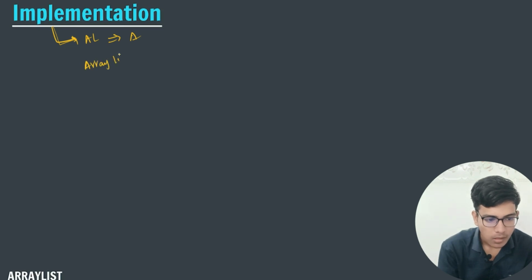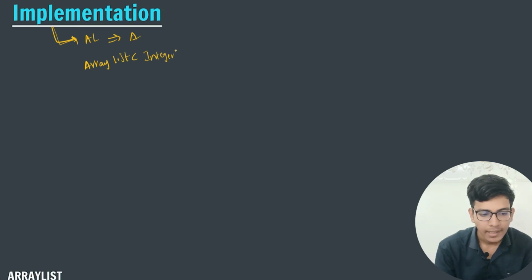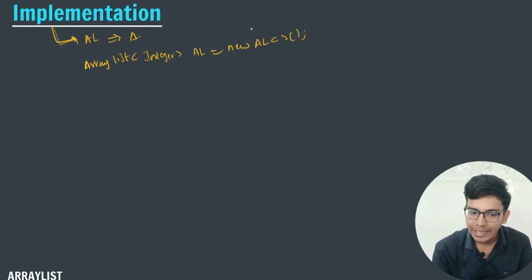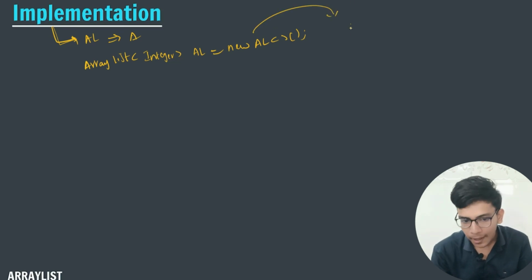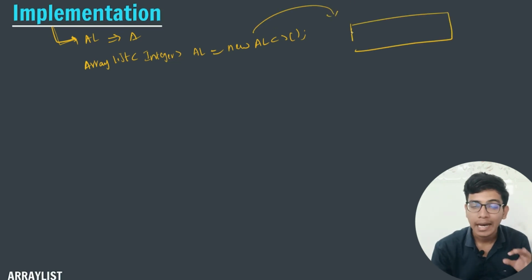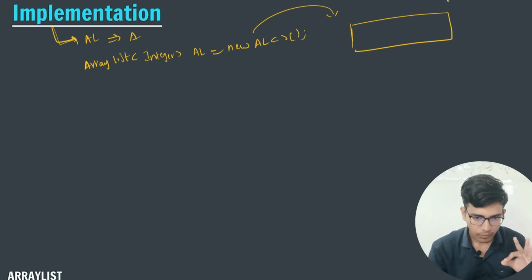When we write ArrayList of Integer, and let us consider that AL is the name, new ArrayList, this syntax will automatically form an array in memory. Depending on our compiler, it will create an array of n size or whatever.